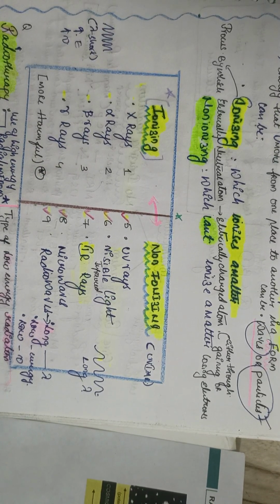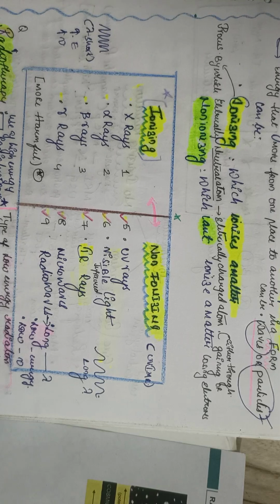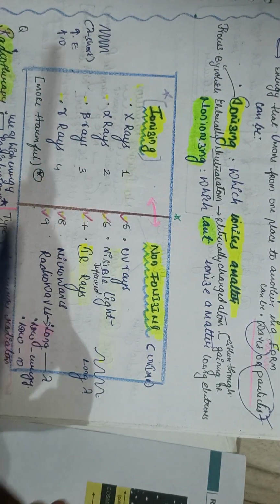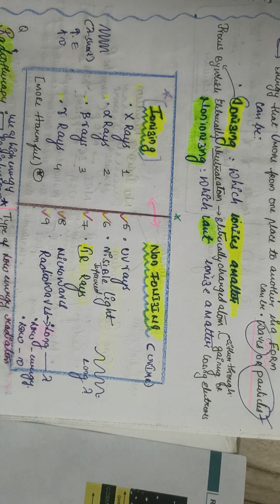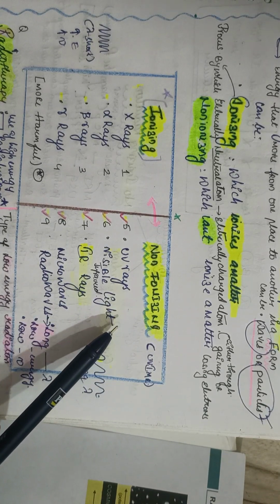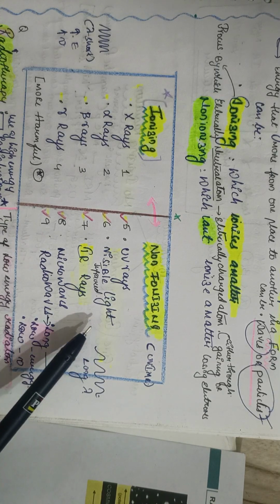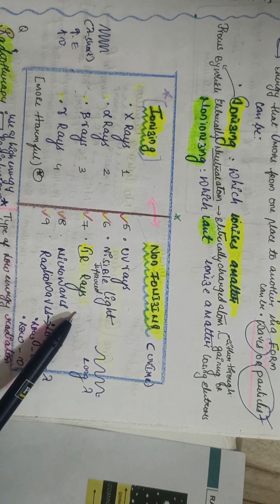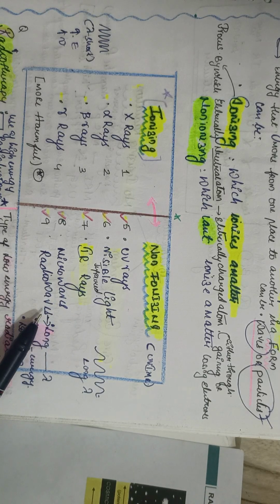The X-rays, alpha, beta, gamma all are examples of ionizing agents. What comes under non-ionizing agents here? UV rays, visible light, IR rays, microwaves, radio waves.